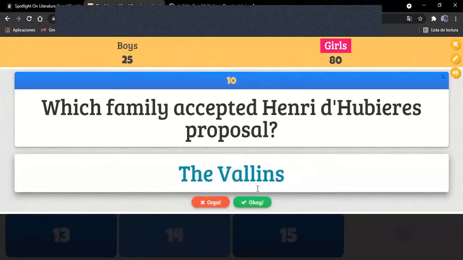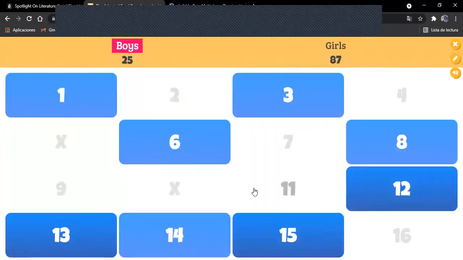Yes, the Balangs. Congratulations. Wow, you're almost unreachable at this point of the game, girls. 90 versus 25. The problem is that sometimes things change when you choose some power-ups that are not convenient for you.